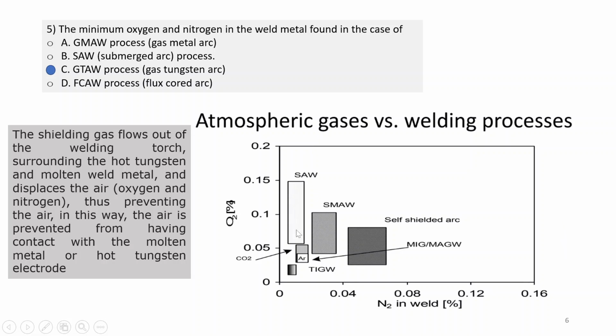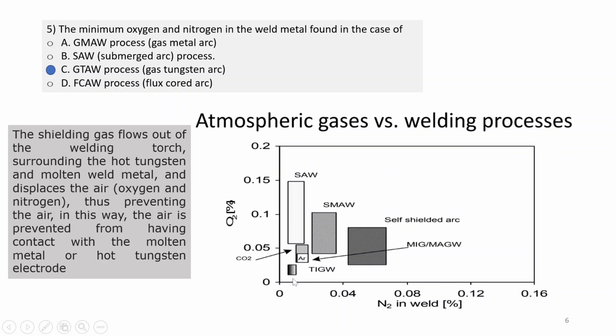Okay, so in your notes you are given this particular graph. In this you can see that the oxygen percentage and nitrogen percentage in weld is increasing on the upper side for oxygen and on this side for nitrogen.